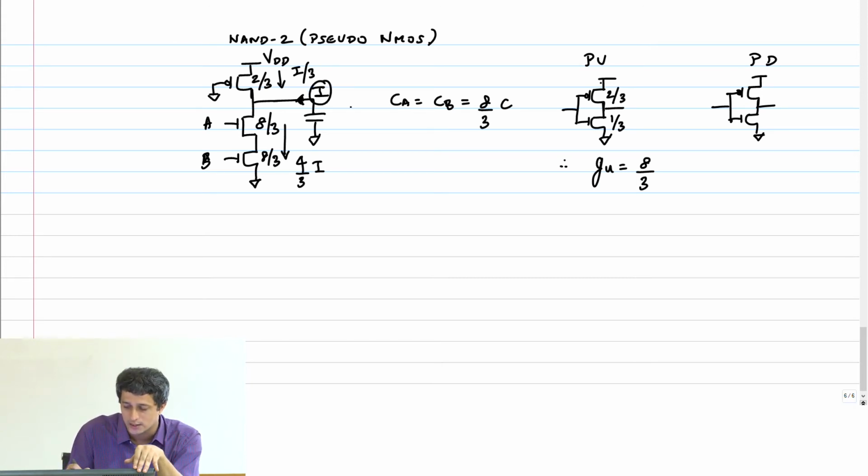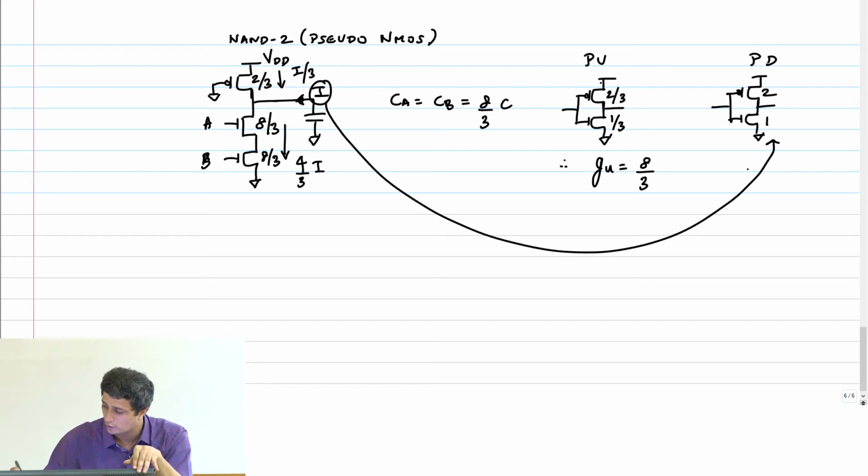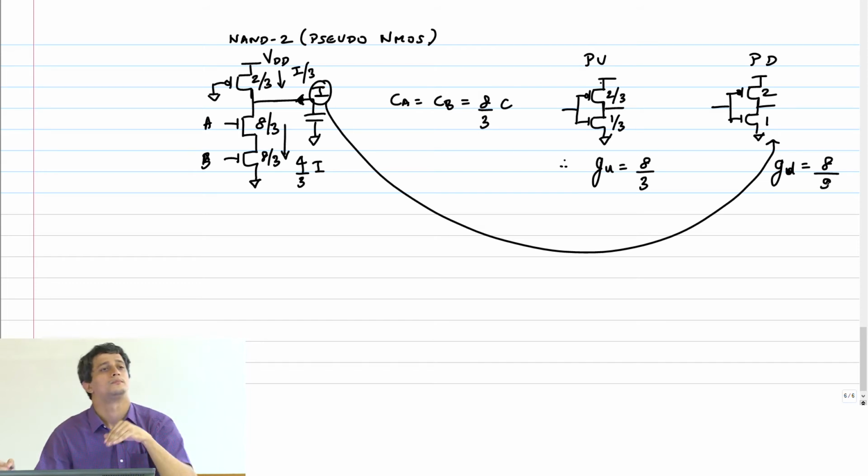Therefore, I am going to take this current and put it as my NMOS transistors with 1 and 2. Therefore, pull down logical effort is how much? 8 by 9.